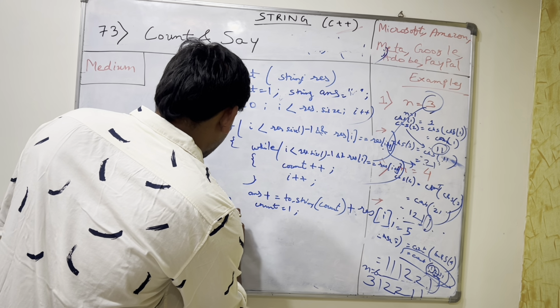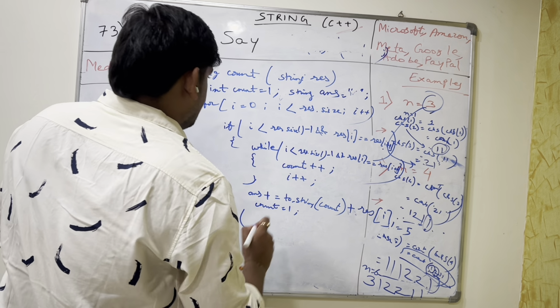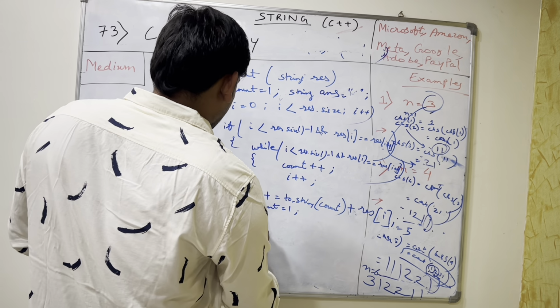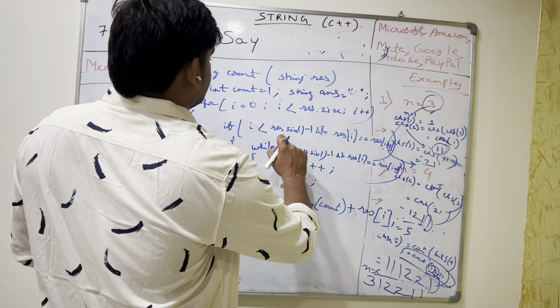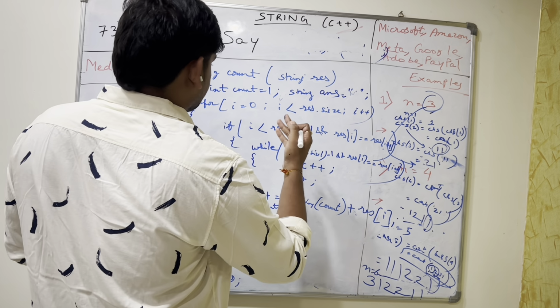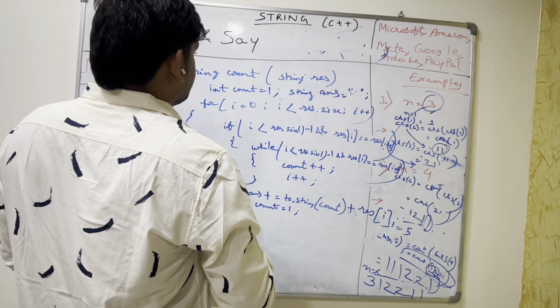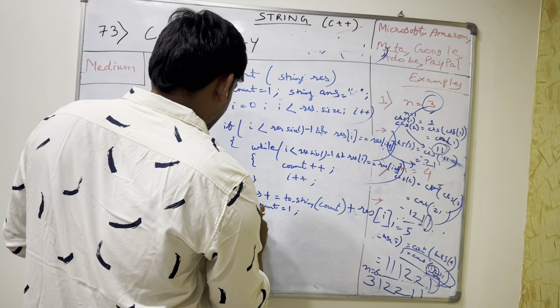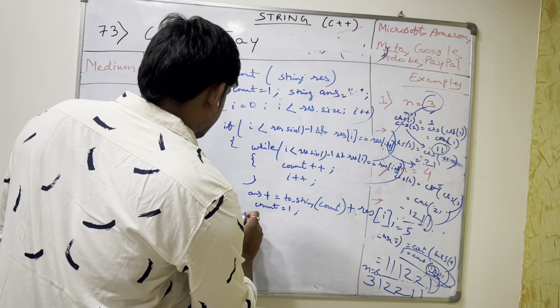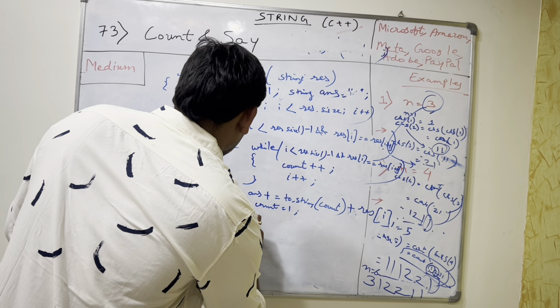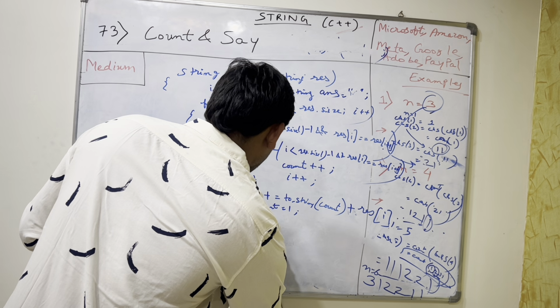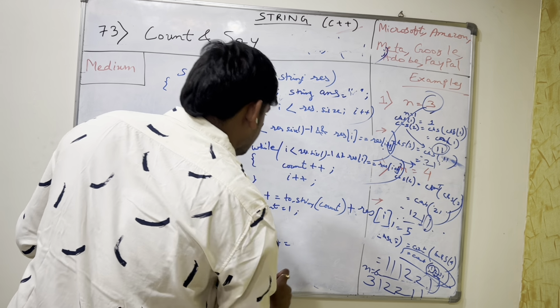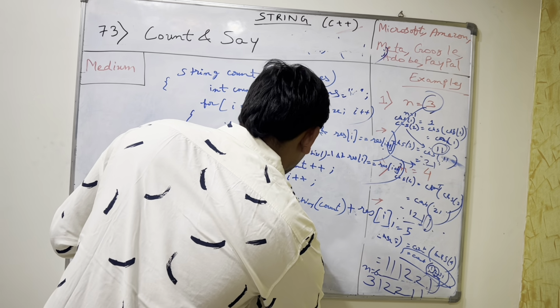So we will add else. Of course the size has to be less than, right? Otherwise this loop will itself fall. So else we can go directly. This is not equal to this. When this is not equal to this, then what do we need to do? We need to append answer plus equal to the value.